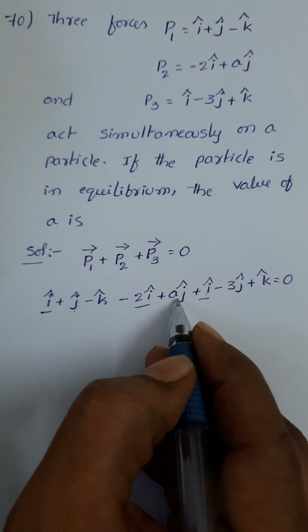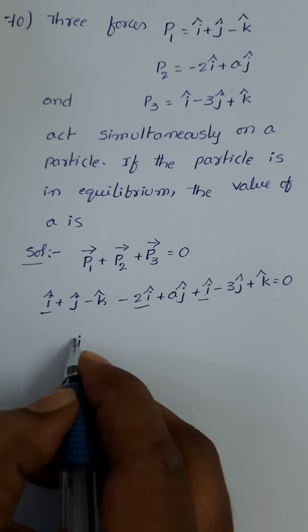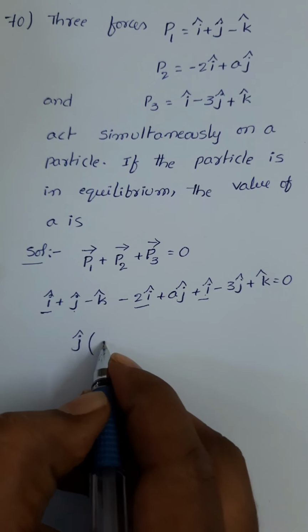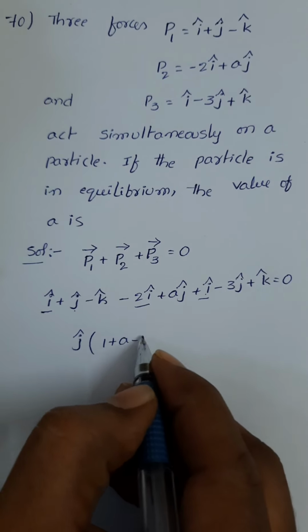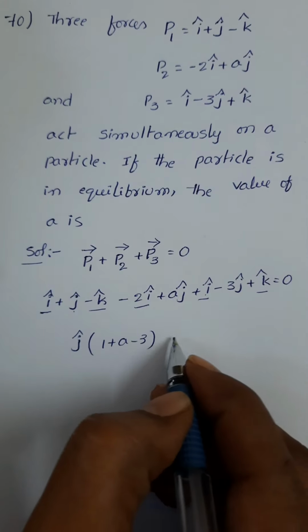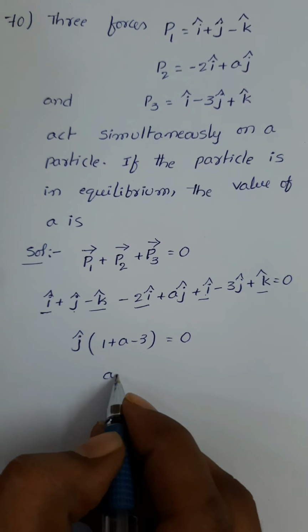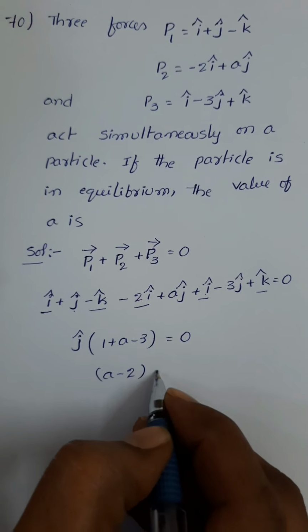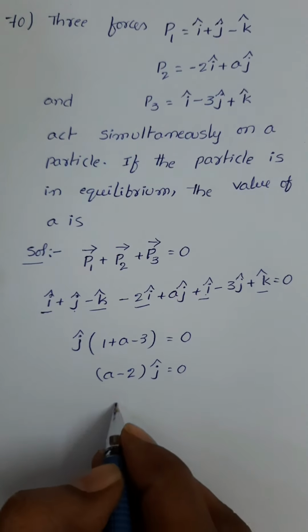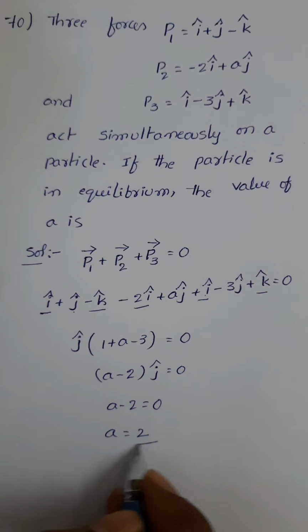J cap plus A J cap minus 3J cap. Taking J cap common, we get 1 plus A minus 3. K cap gets cancelled. That is equal to 0. From this we can write A minus 2 into J cap is equal to 0. From this A minus 2 is equal to 0. Finally we get A is equal to 2.